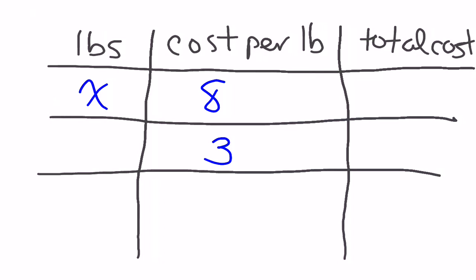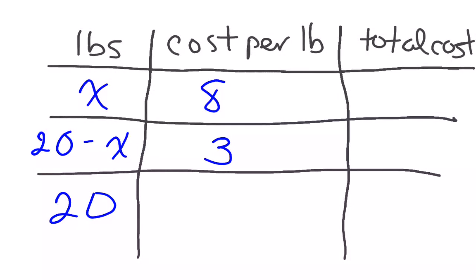What we do know is that we want the total mixture to be 20 pounds. So if I take both of these amounts of chocolate and stick them into a bowl, I'm going to have a total of 20 pounds. Since we named one x, this one is going to be 20 minus x. So it's the difference between them.